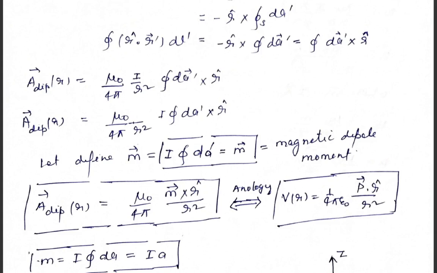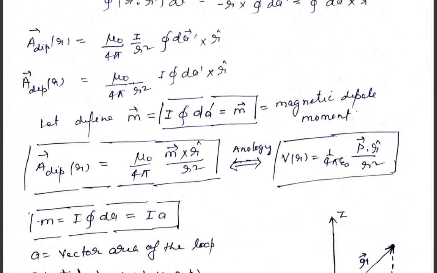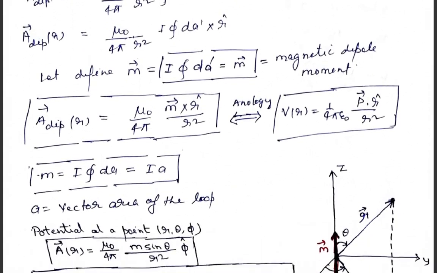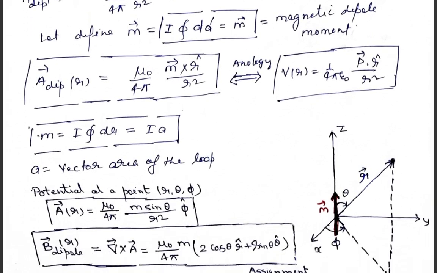Now we can write this m vector cross r unit vector over r square in terms of spherical polar coordinates. Let us assume we have a dipole, maybe a circular loop.